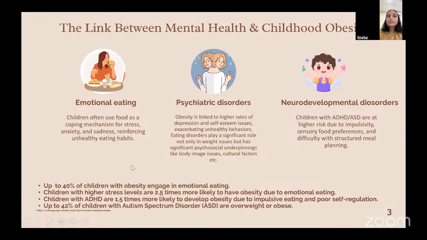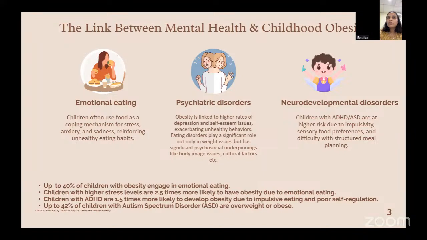And coming to psychiatric disorders, obesity is closely linked to all of them, be it depression, anxiety, psychosis, or any other psychiatric disorders, also eating disorders. They play a significant role not only in weight issues but also have other psychological underpinnings like body image issues and cultural factors, which again have to be identified and addressed.